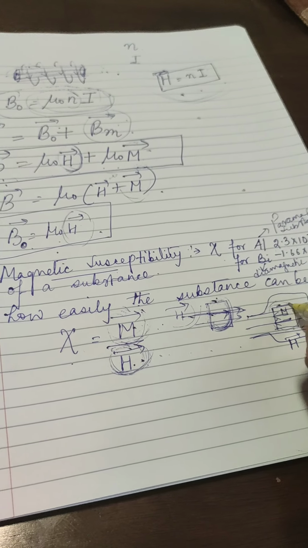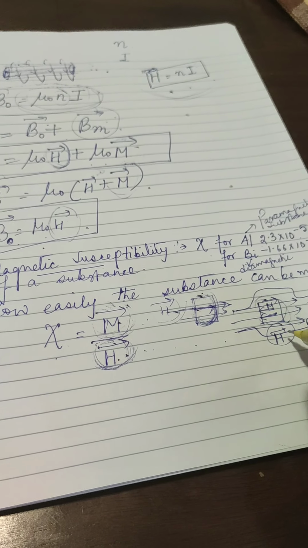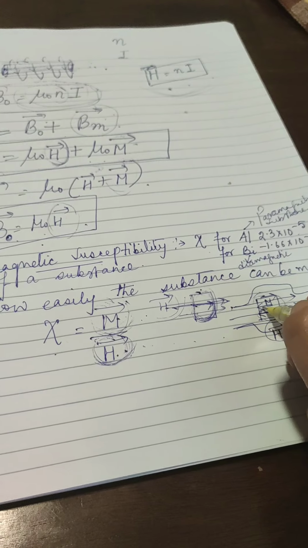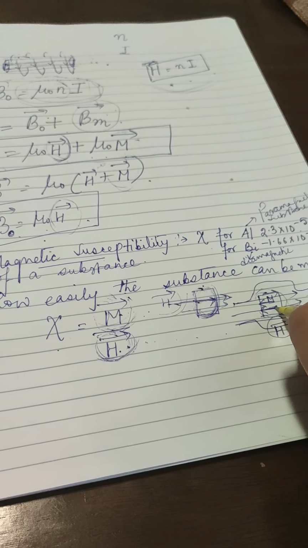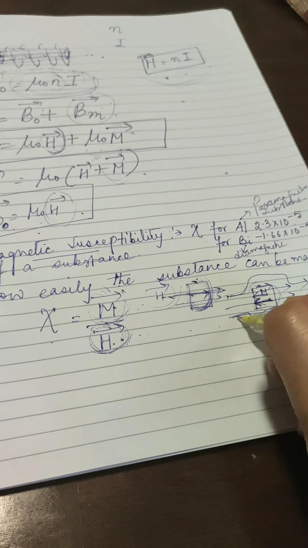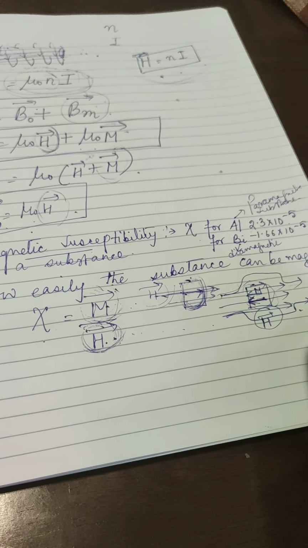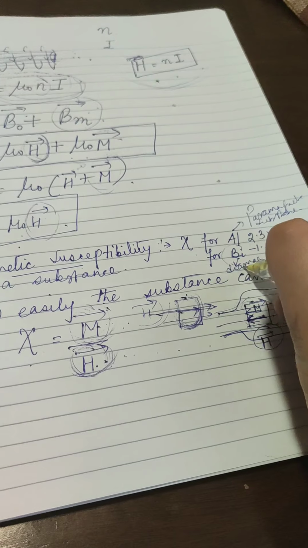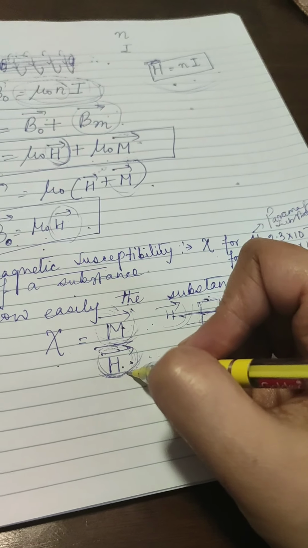So M is in the opposite direction to H. The atomic dipoles orient opposite to the external magnetizing field.